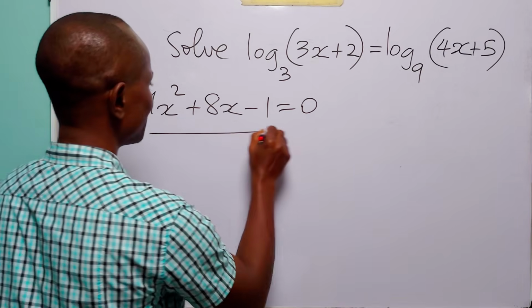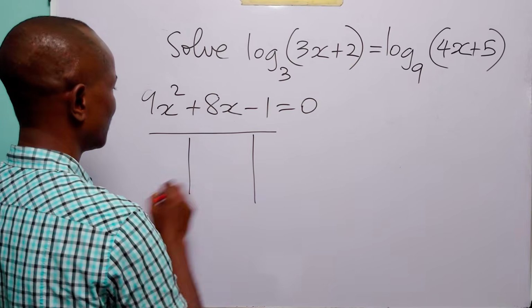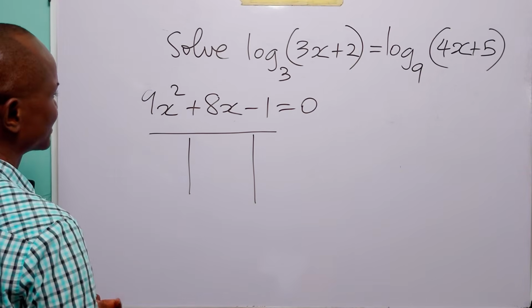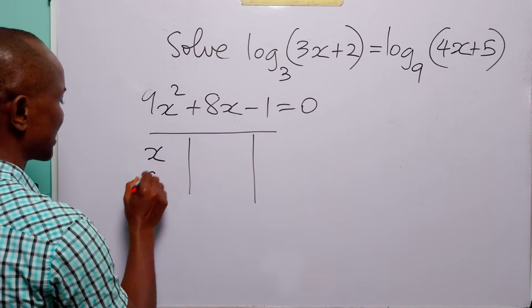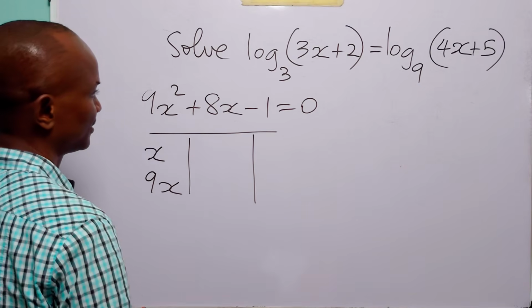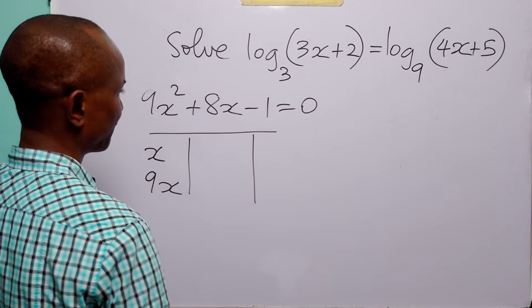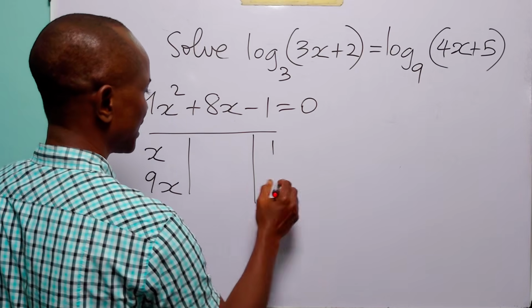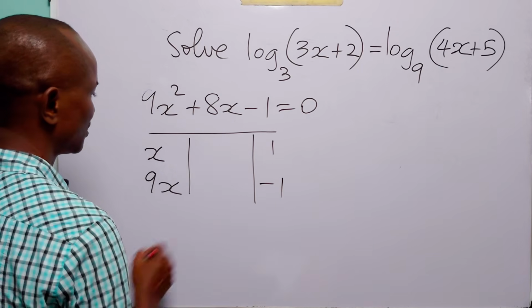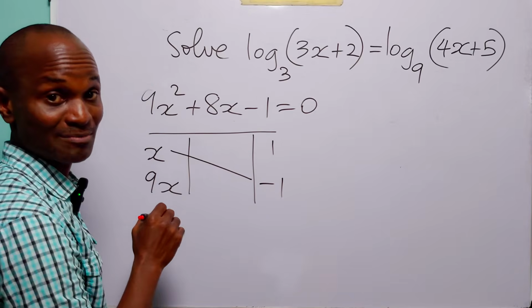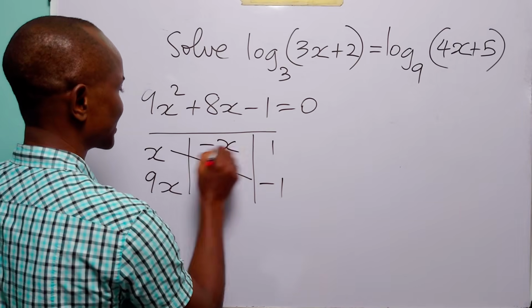Let us use the table method. The factors of 9x squared are x and 9x. And the factors of minus 1 are 1 and minus 1. When we multiply x by minus 1, we have minus x.